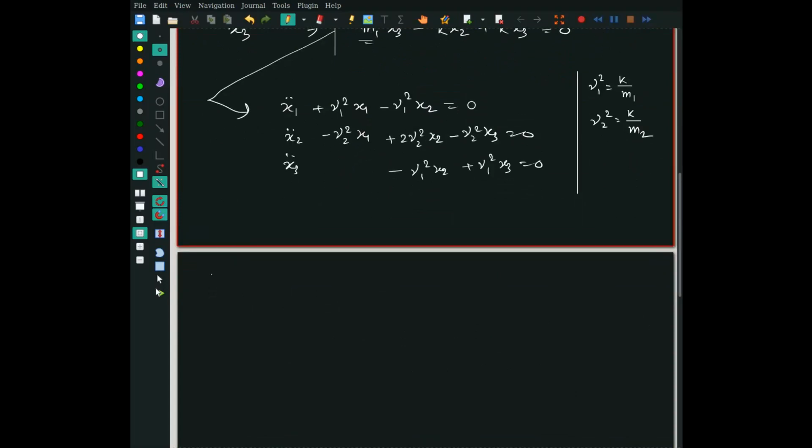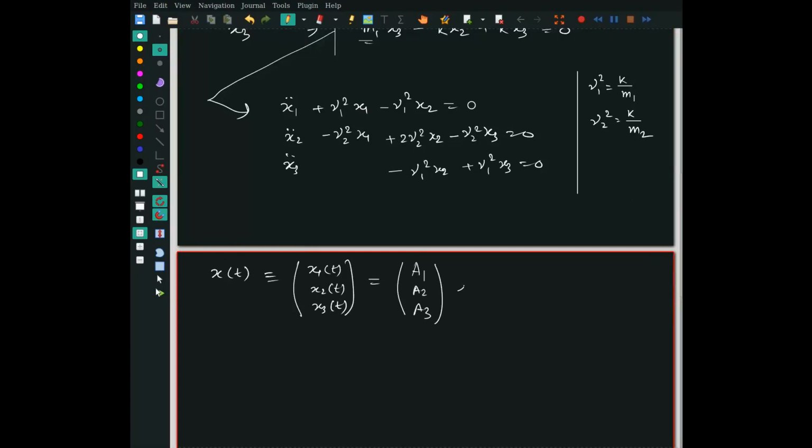So what I assume is that the solution will be given by x of t, equivalent to the column matrix of three elements x1(t), x2(t), x3(t), which is given by the time dependent part, taken out by the oscillatory behavior, and I will denote it compactly as A e to the power i omega t. Remember this A is a column matrix.